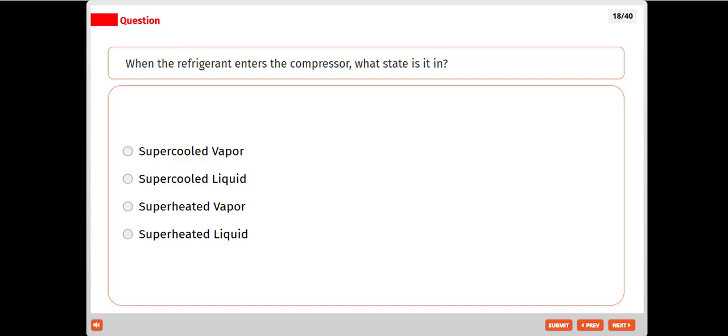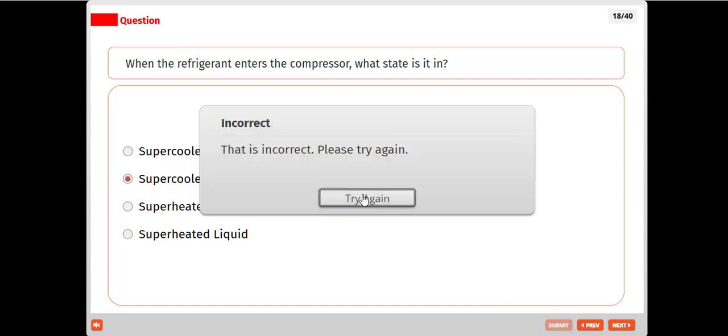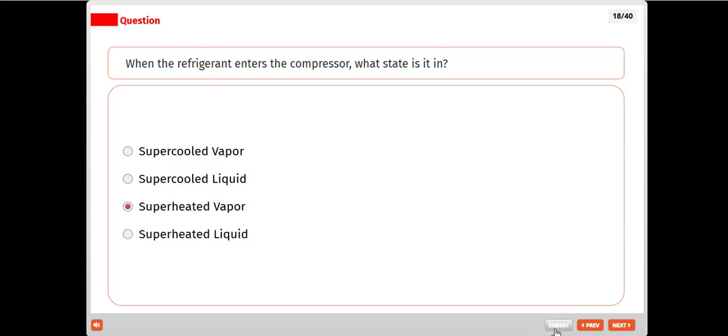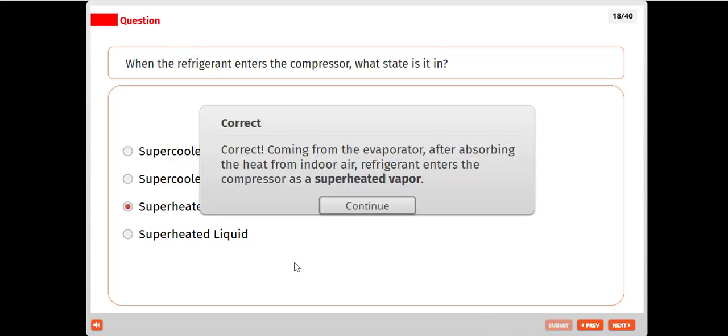As we know, it is increased pressure and temperature, so I think it is superheated liquid. Superheated vapor. Okay, because it enters as vapor and it will be compressed.